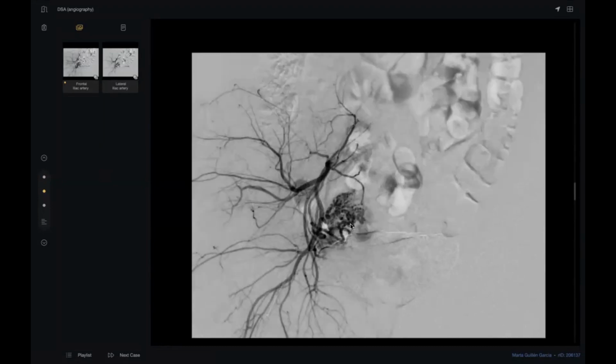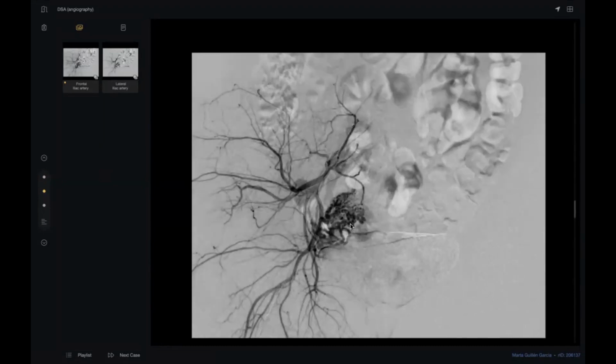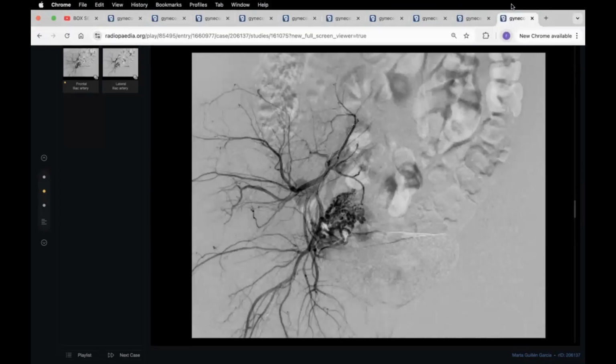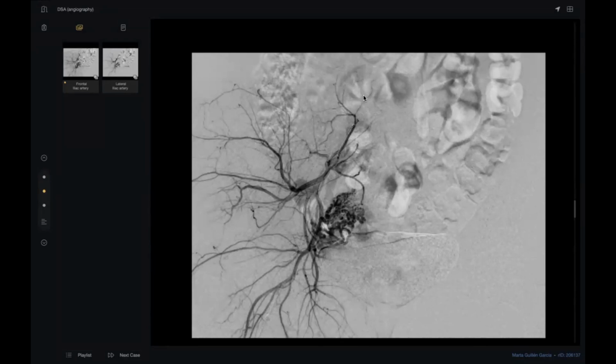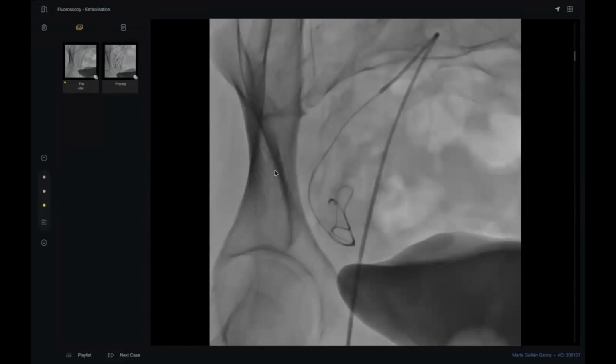Then you see a collection, a bunch of veins here. So this is an AV fistula. Transfer to interventional radiology. Here, in the same site, they can occlude it. See here, my colleague, after occlusion. What's your opinion?